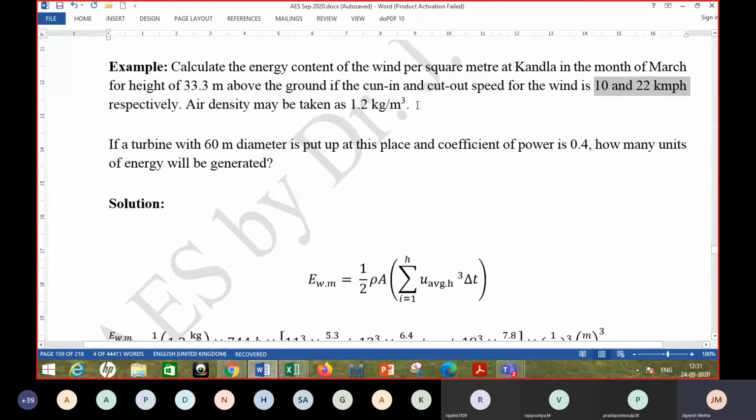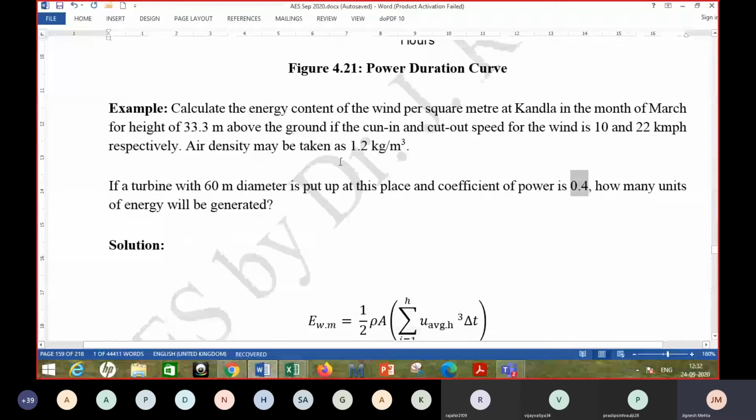Once you find it per meter square area, then let's say you are putting up a 60-meter diameter turbine, and you expect that the average efficiency will remain at 0.4, then how many units of energy can be generated in the month of March? That is what you are trying to calculate in this example.